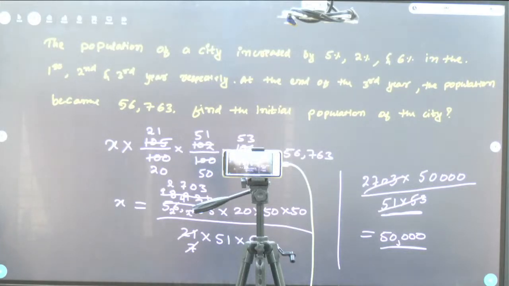The reduction of 20% in the price of rice enables a person to obtain 50 kg more for rupees 450. Find the original price per kg.